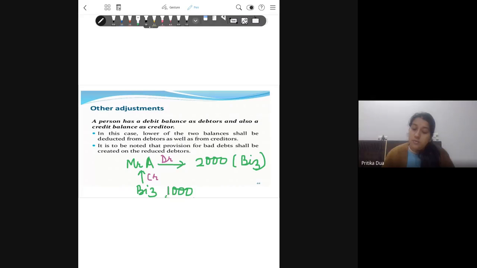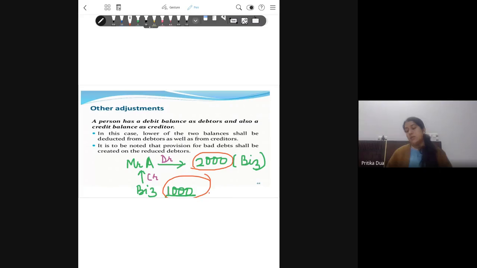We reduce the amount of common debt from debtors and creditors. So this means 2,000 और 1,000 की जो lower amount है, that is 1,000.